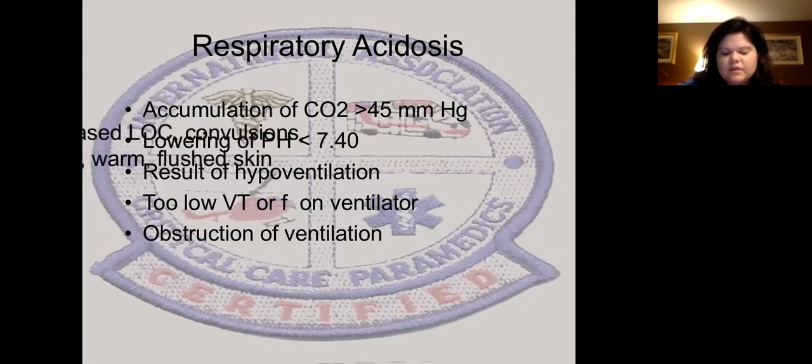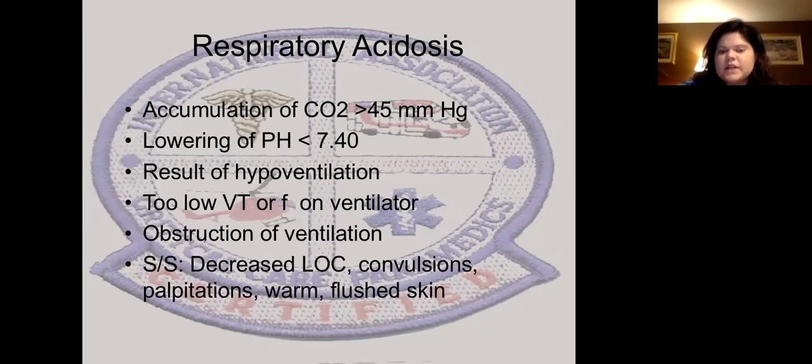Obstruction of ventilation. Signs and symptoms could be decreased LOC, convulsions, palpitations, warm flushed skin, and you're going to have a seesaw effect. So it's typically neuromuscular, CNS depression, cystic fibrosis, COPD, things like that.